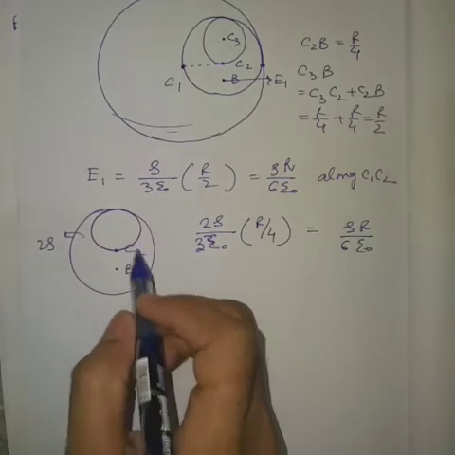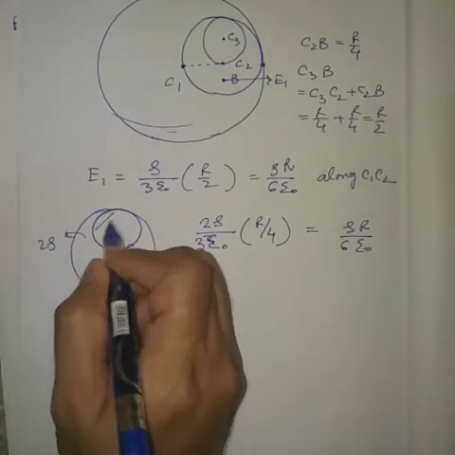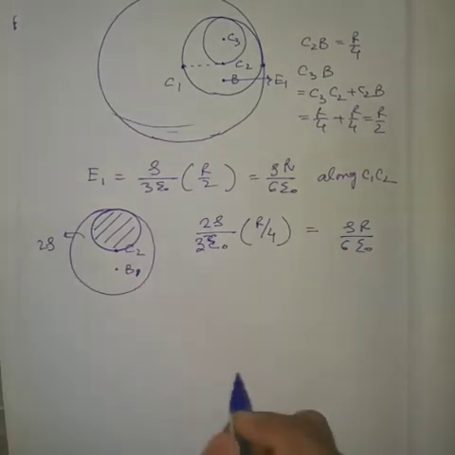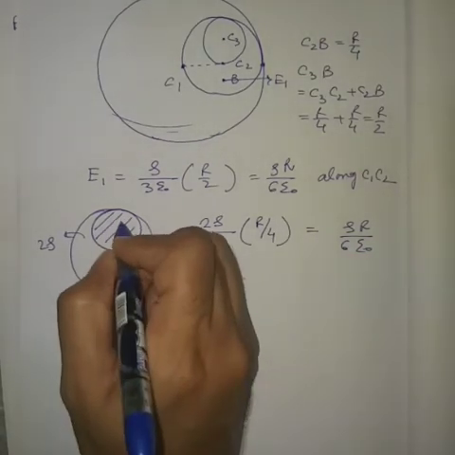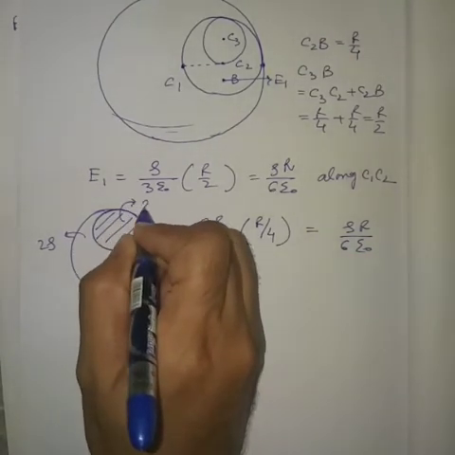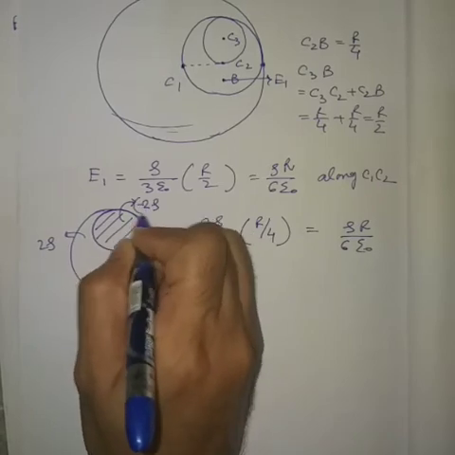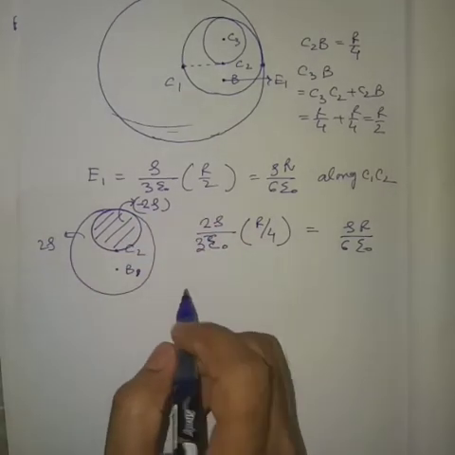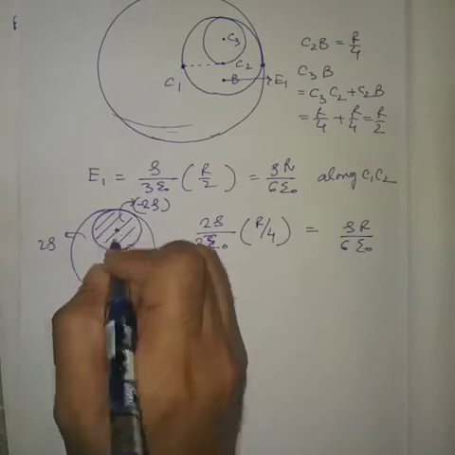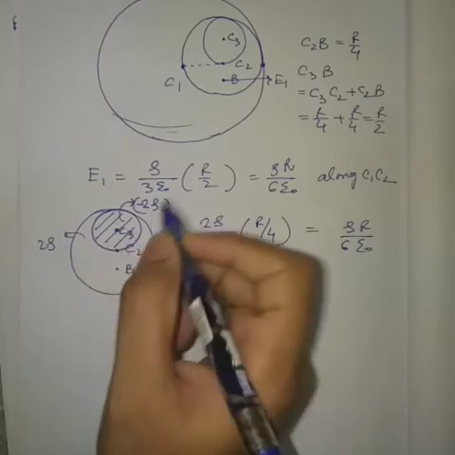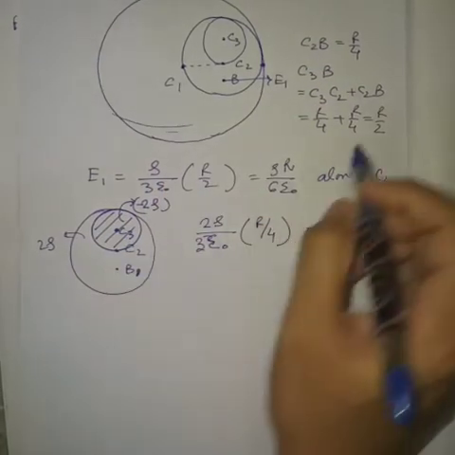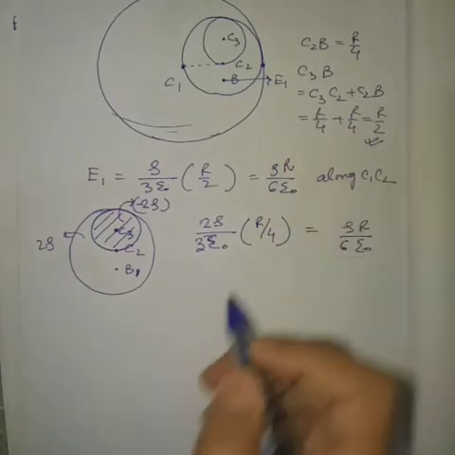Therefore, we have to cut off the effect of this region from this electric field. So to cut off, we consider this region has a negative volume charge density minus 2 rho, and it has a center C3, and the distance of C3 from B is given, which is R by 2.